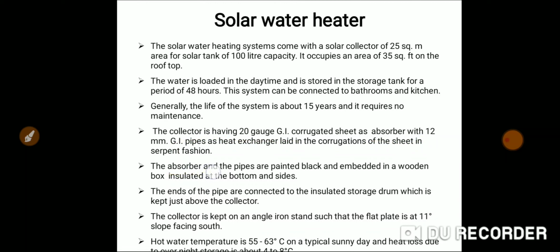The absorber and the pipes are painted black and embedded in a wooden box insulated at the bottom and the sides. The absorber and the pipes are painted black because black harnesses a tremendous amount of solar energy and heats up the water very quickly.